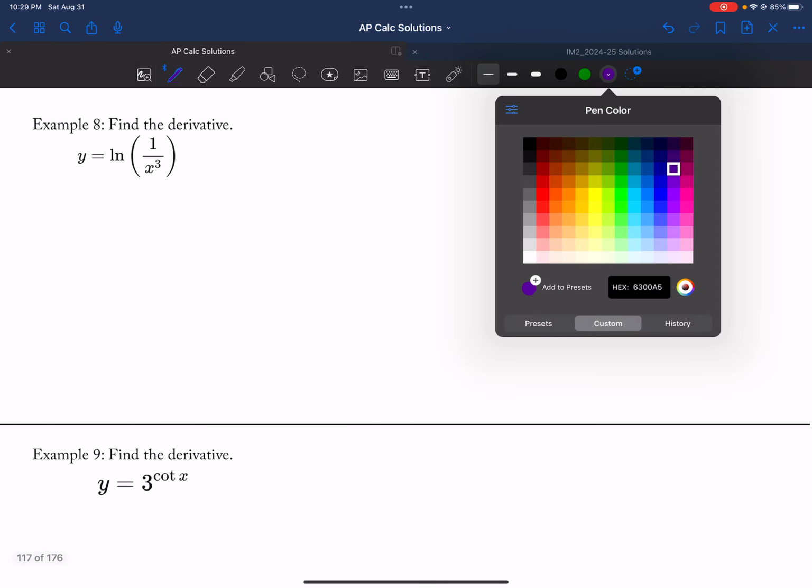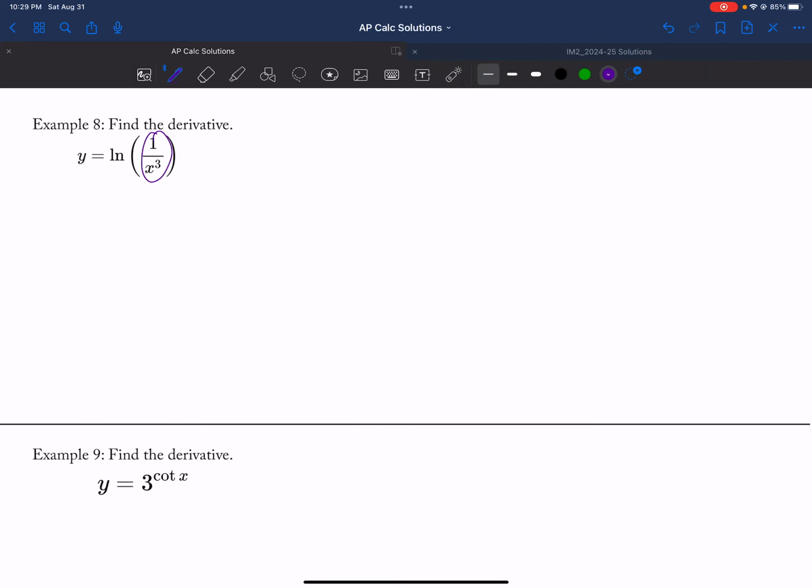All right, and then this is really x to the negative third power. So y prime is 1 over x to the negative third times negative 3x to the negative second power. So this is really 1 over x cubed.